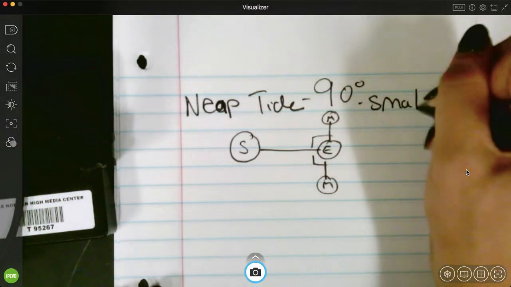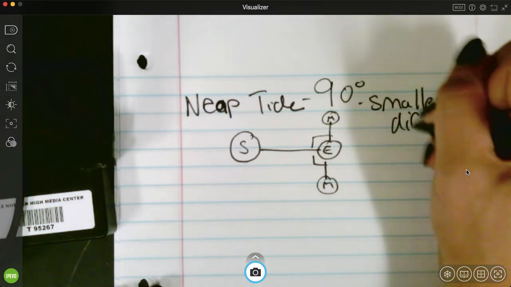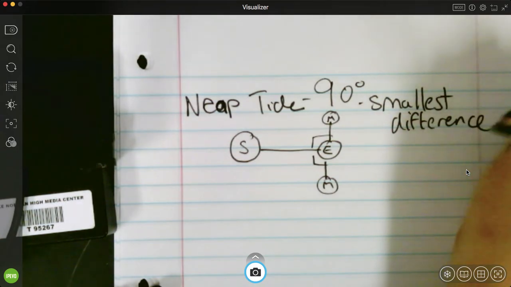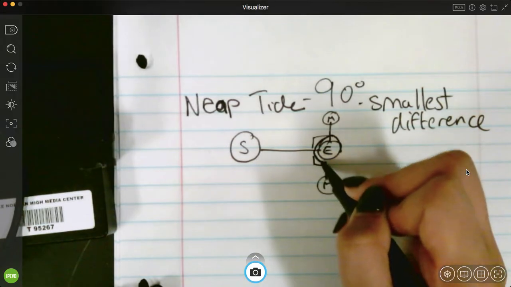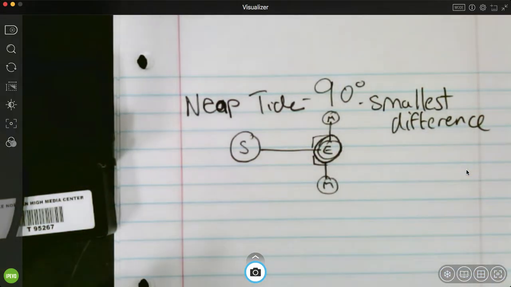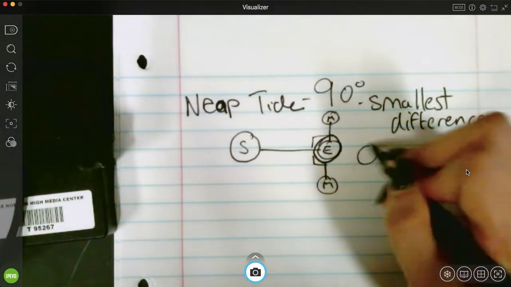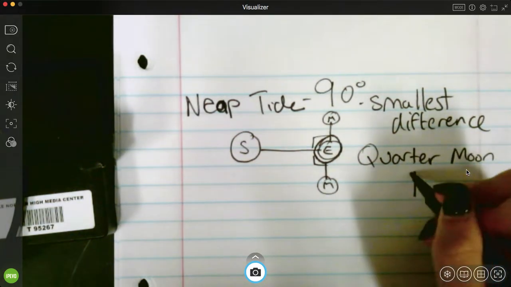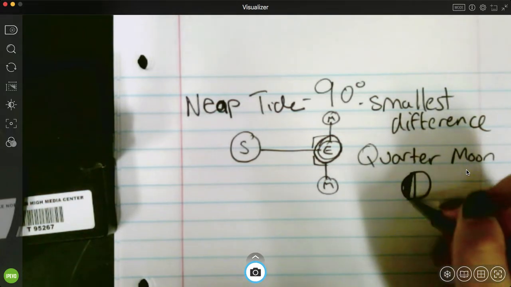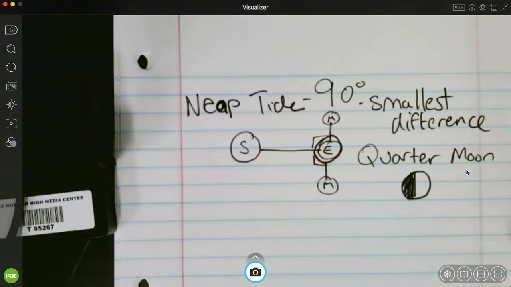This is the smallest difference. Because what's happening, the moon is trying to pull water this way, the sun is trying to pull it the other way. So it's like they're on opposite teams of tug of war. This is going to be during a quarter moon, when the moon looks like this. All right.